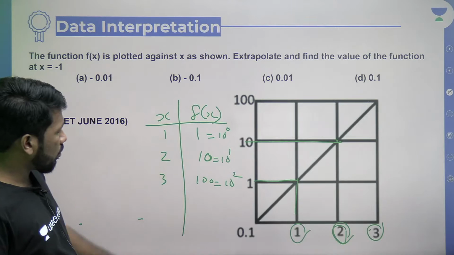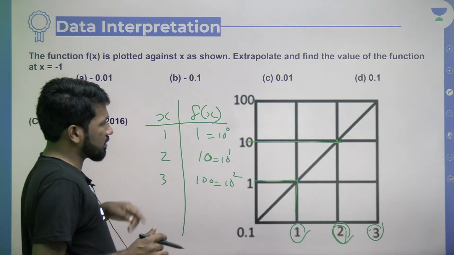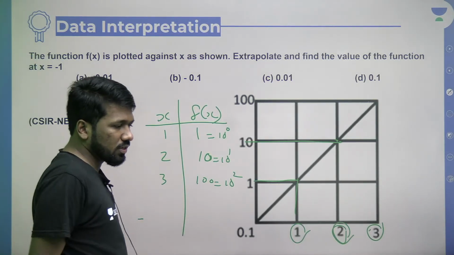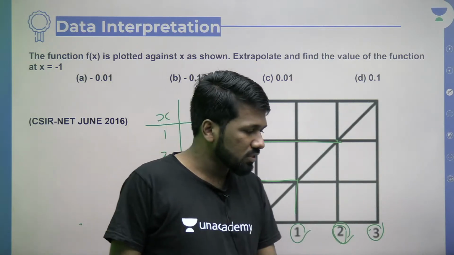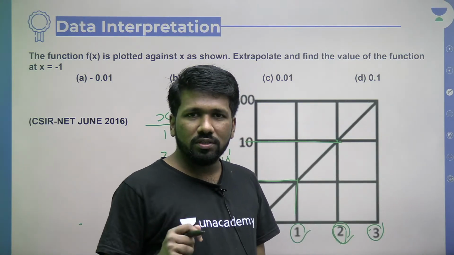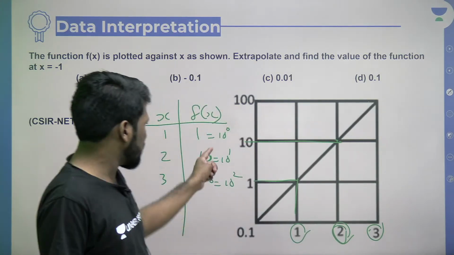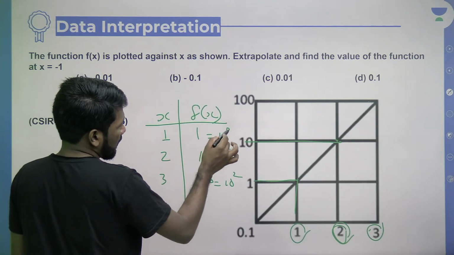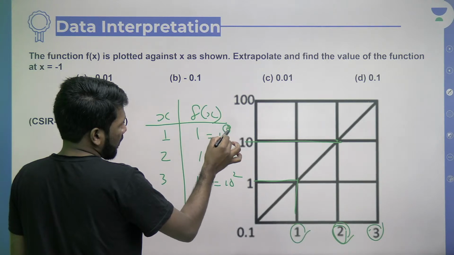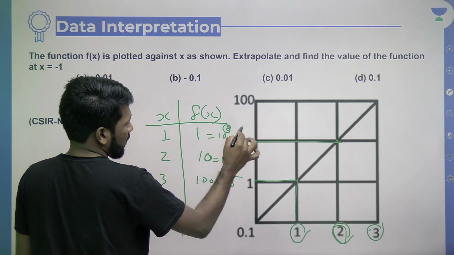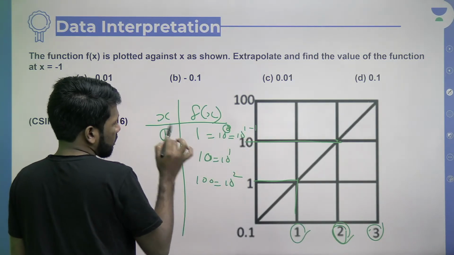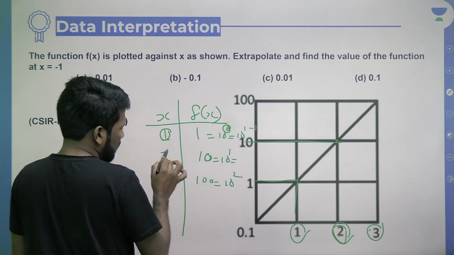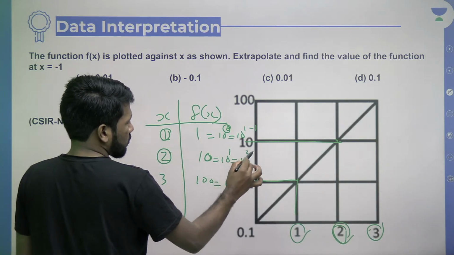So can you somehow connect it to the x? X का function f of x means by doing some operation on x you should get f of x na. So this one is 10 raised to 1 minus 1, which is 0, we can say. And this is 10 raised to 2 minus 1.